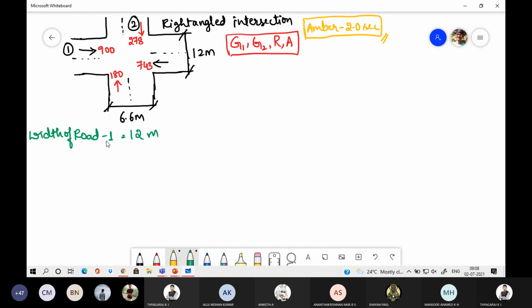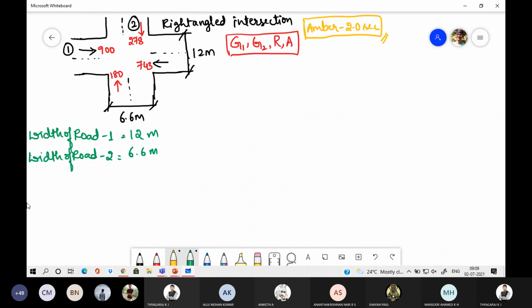There are 4 lanes, 2 lanes in each direction. Number of lanes is not required, leave it. Then width of road 2. They have given it as 6.6 meter.